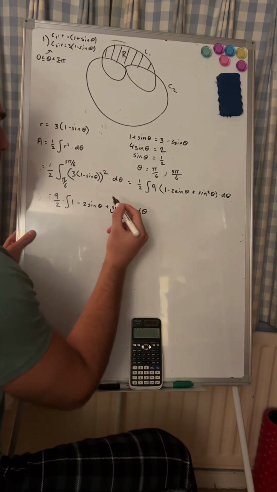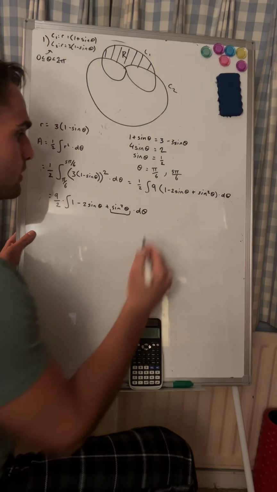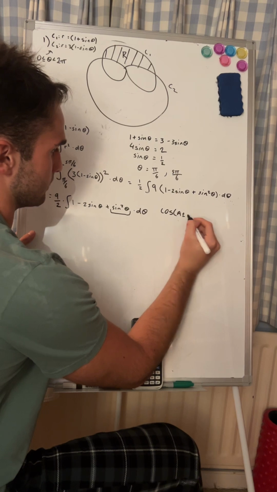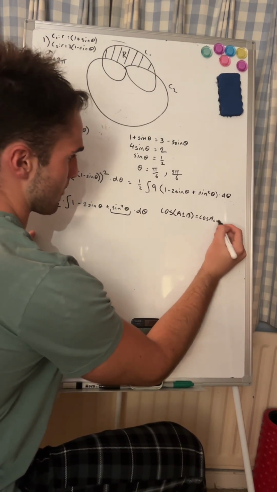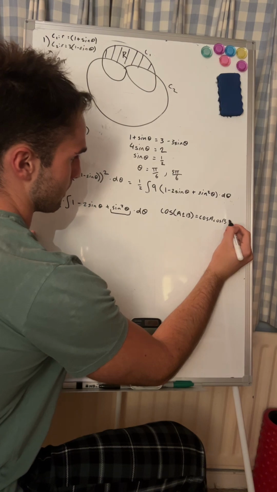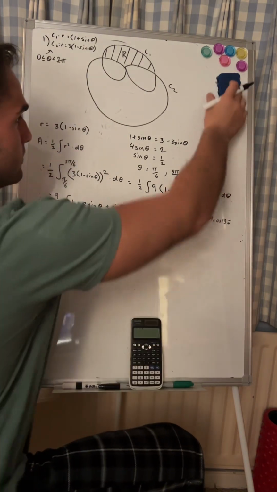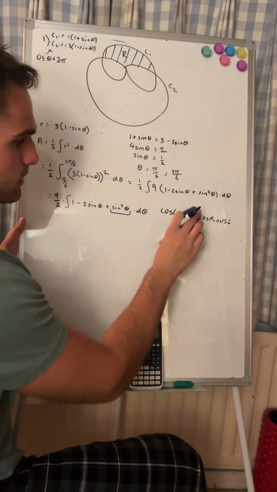But this is just a half minus a half cos 2 theta, and you basically use cos of A minus B, and then sine A, sine B. That's an identity given to you, and then you can say that there's two lots of these in the middle, so you get 2.